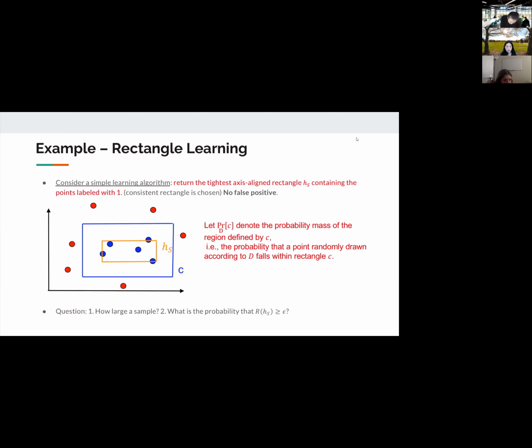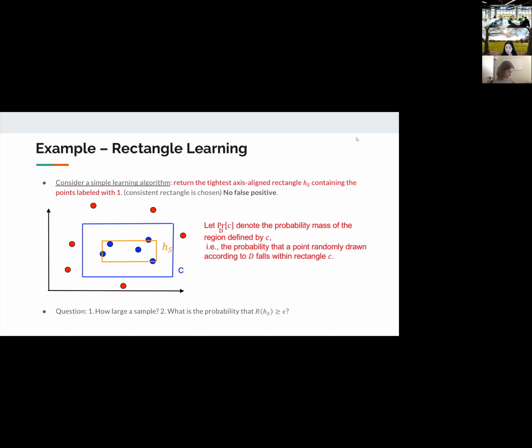So to answer these two questions, first, I wanted to mention this very important concept, the probability on D of C. The C refers to the rectangle, the target concept rectangle, the blue C. So the probability of C basically denotes the probability mass of the region defined by C. What does that mean?